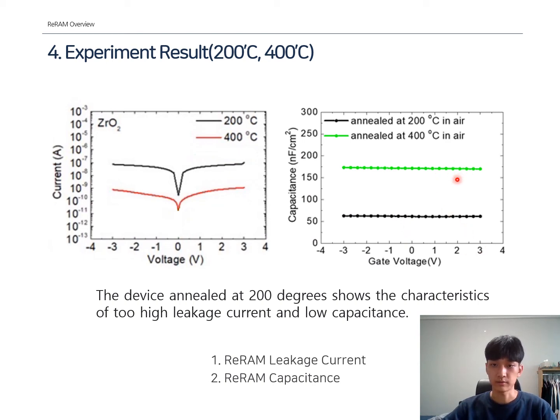The green one is 400 degrees and the black one is 200 degrees. The green one, the 400 device, has much higher capacitance than the black one, the 200 degrees. So we conclude that 200 degrees is not good for the annealing temperature, so we eliminate 200 degrees Celsius as a candidate.